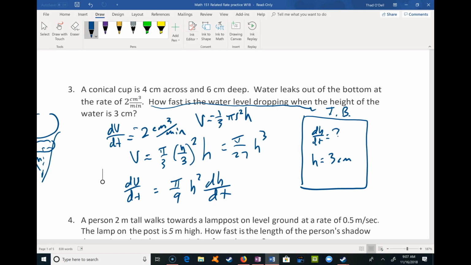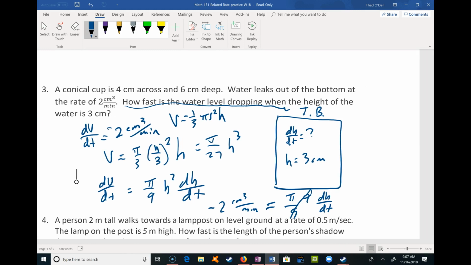So I'm going to replace dv dt with a -2 cubic centimeters per minute. And pi over 9 will just stay there. H squared, that'd be 9, wouldn't it? Oh, that's nice. The 9s will cancel out. And then dh dt is the thing I'm looking for. So now, this 9 here would be centimeters squared, wouldn't it?